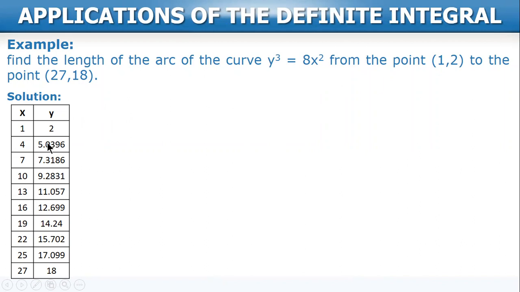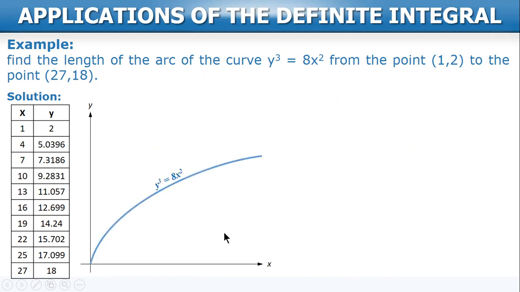The cube root of 128 is 5.0396. After this, plot from x equal to 1 to x equal to 27 and connect all points. This is the graph.